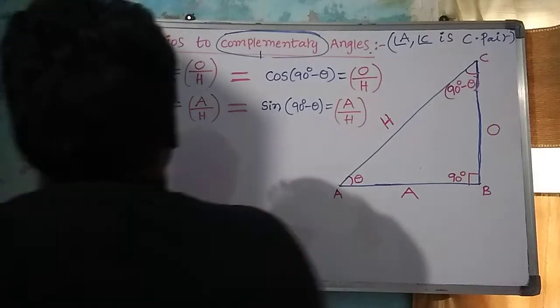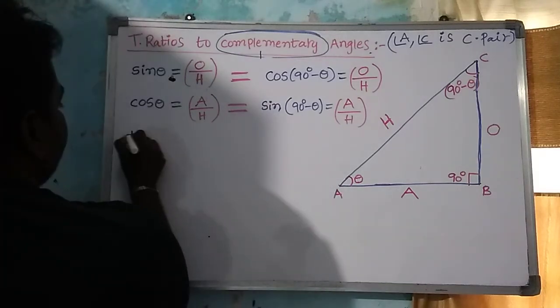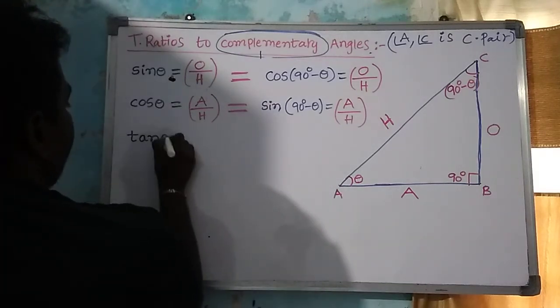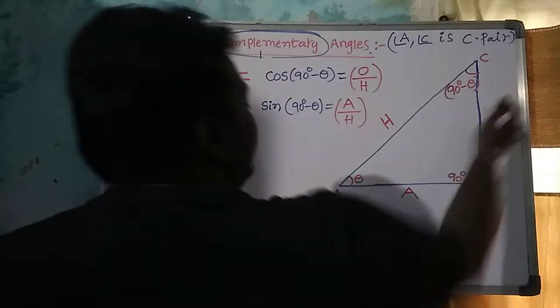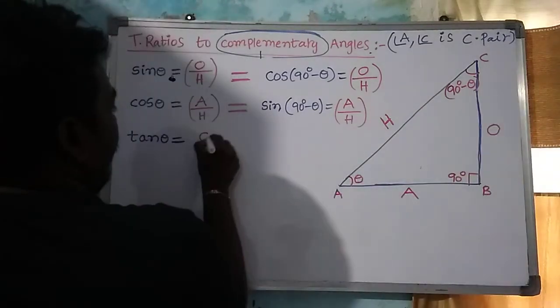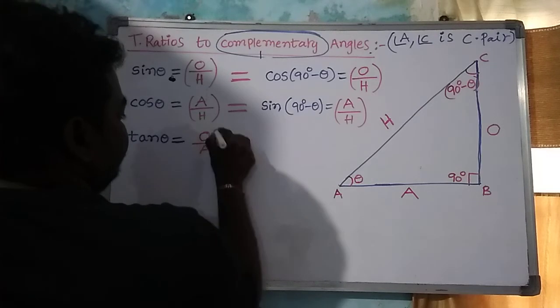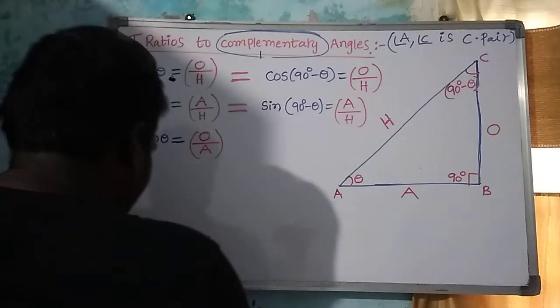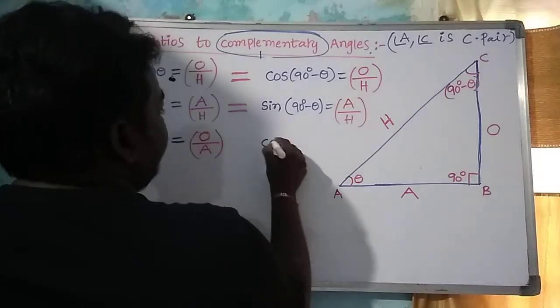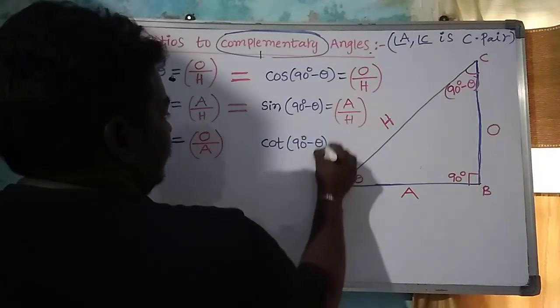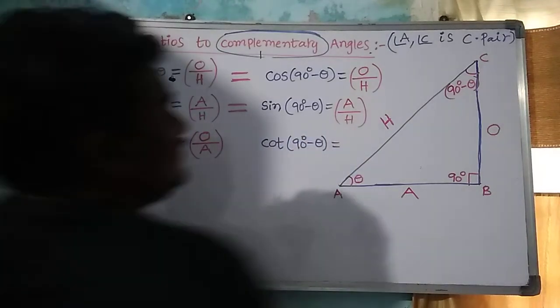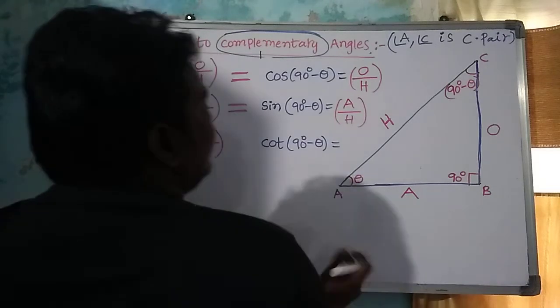Next, what about tan theta? Tan theta is opposite side by adjacent side. In the same way, what is cot 90 minus theta? Cot 90 minus theta is adjacent side by opposite side.